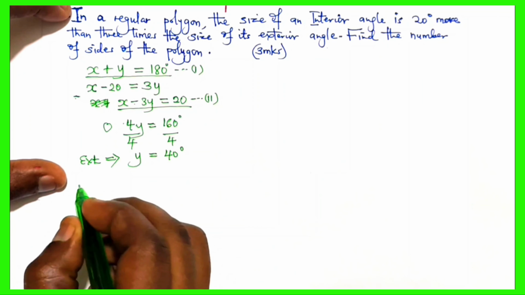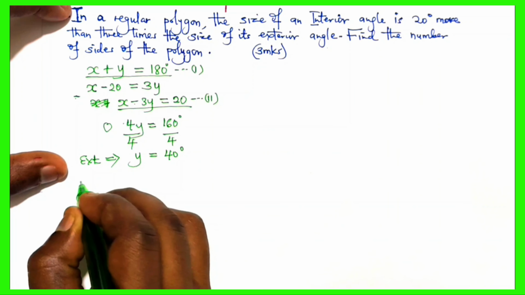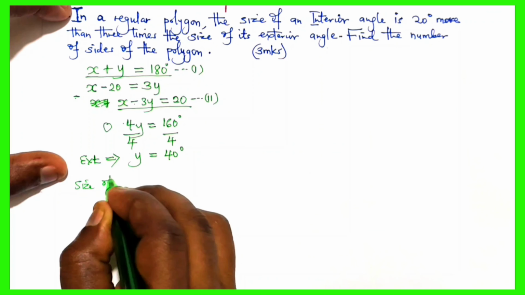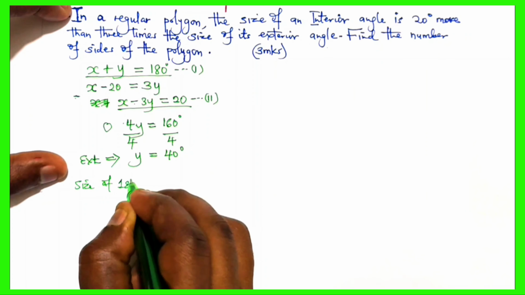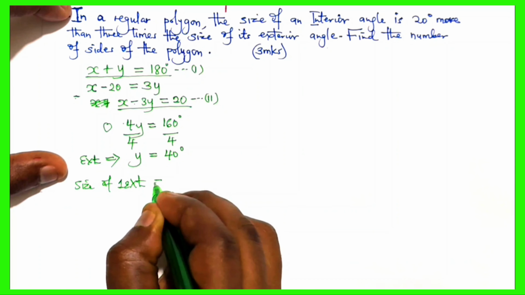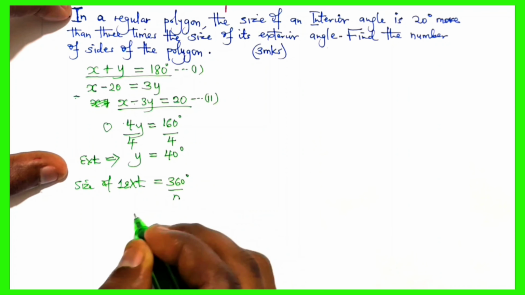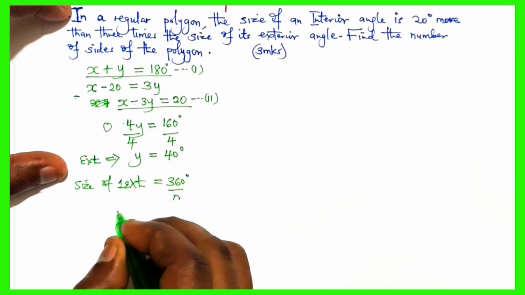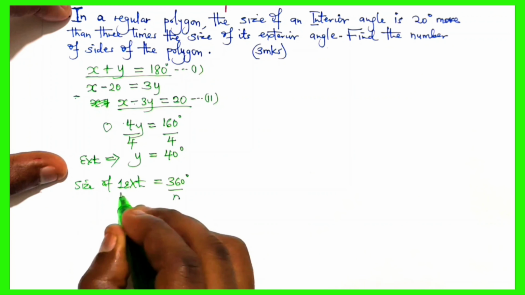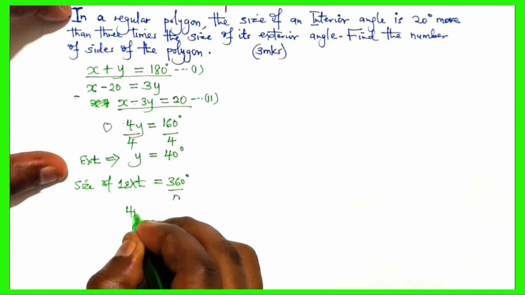So then we use the fifth law, which states that the size of one exterior angle will be equal to 360 degrees divided by n. And the size of the exterior angle, we know it's 40 degrees.